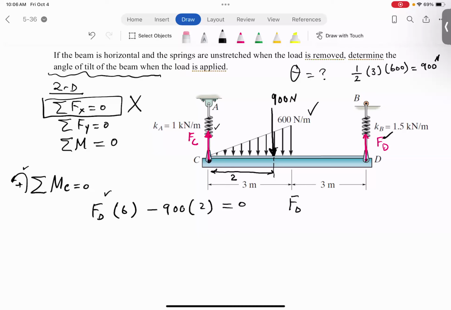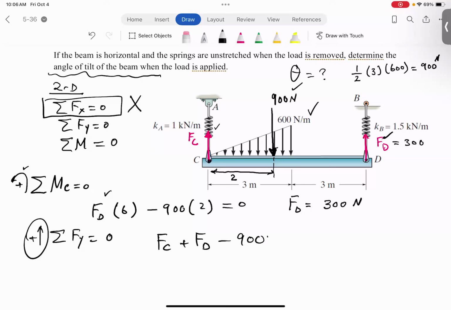So we solve for F sub D. That becomes 300 newtons. Then by inspection, if the force at D is 300 and you have 900 here, F sub C has to be 600. Balancing the forces in the y direction, F sub C plus F sub D minus 900 equals 0. So if this is 300, F sub C has to be 600.